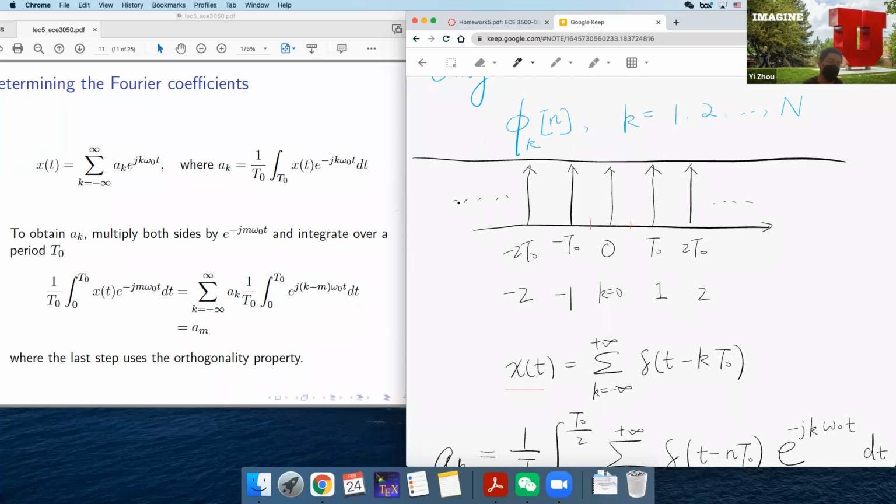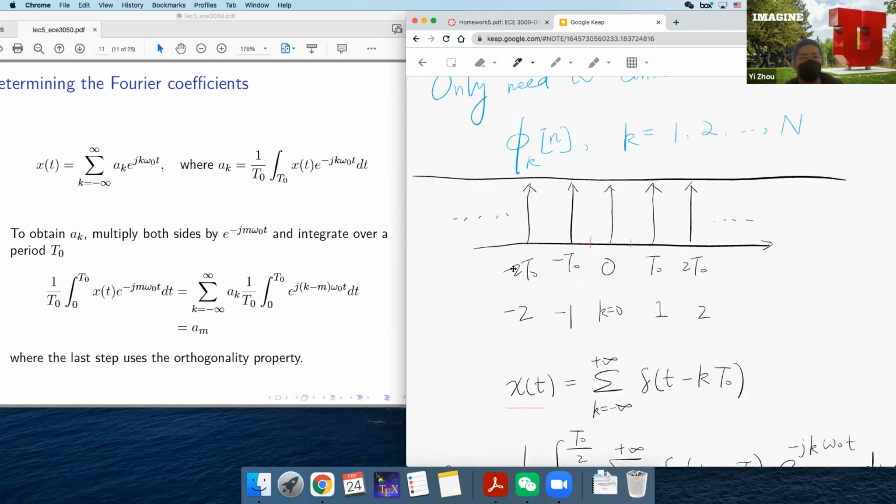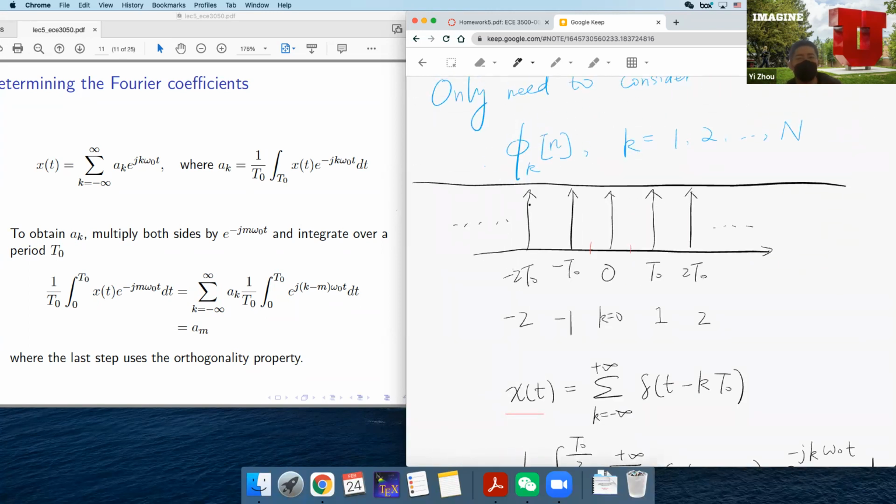So later in the sampling lecture, lecture 7 or lecture 8, we will leverage this signal to discuss the sampling issues. You can see that if we use this sampling signal, the spectrum is very simple, it's just a constant. So dealing with signals in the Fourier domain is much more convenient than in the time domain, because in the time domain you have infinitely many impulses to deal with.